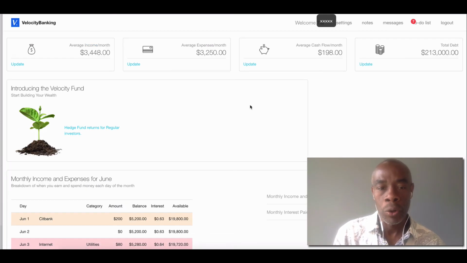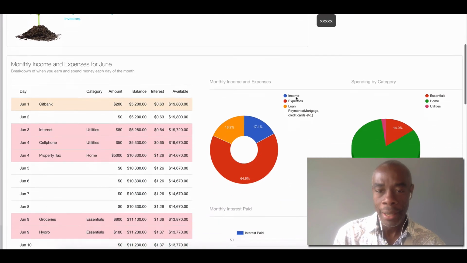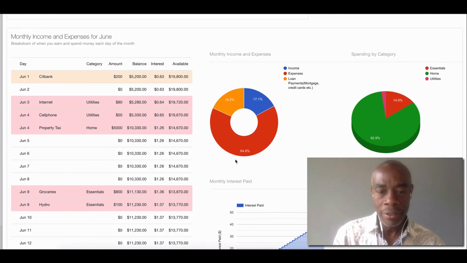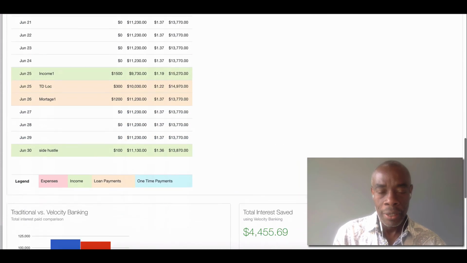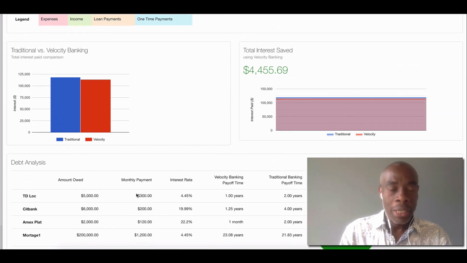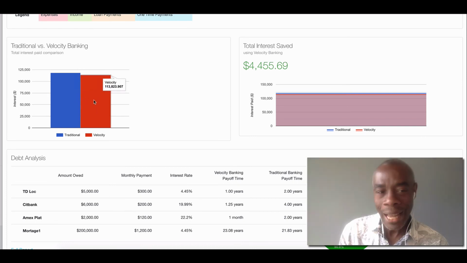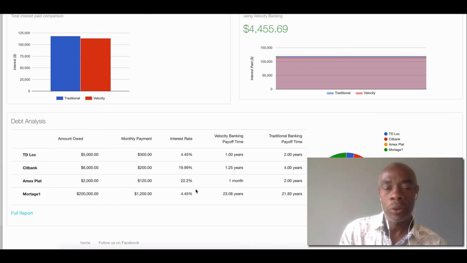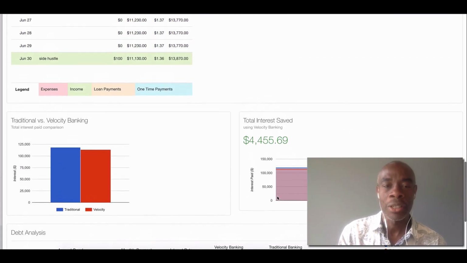Now, if you go back to your home, let's just refresh this. You will see that your home screen, your dashboard, looks a lot different. Now there are charts and graphs. There's interest that you saved, which is here, and then there's the comparison of how much you save doing Velocity Banking. It's showing almost the exact same, and that's because when you go back and update it after you've paid off your non-mortgage debt, you will see this totally change.